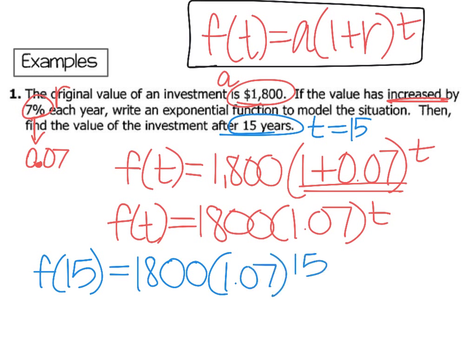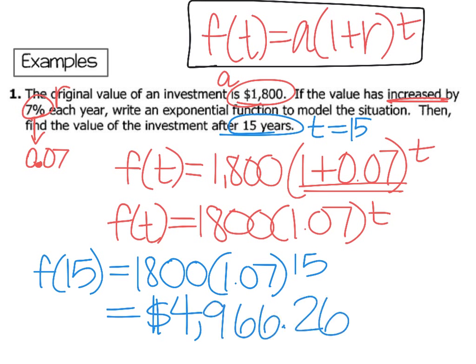All right, then plug that into your calculator. Let your calculator do all the work. And we're going to get the investment after 15 years is going to equal $4,966.26.